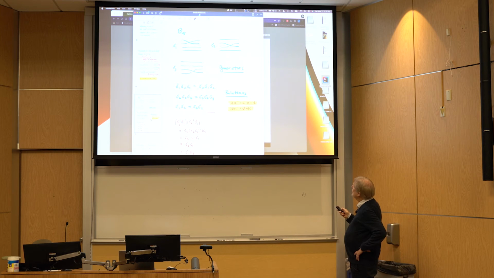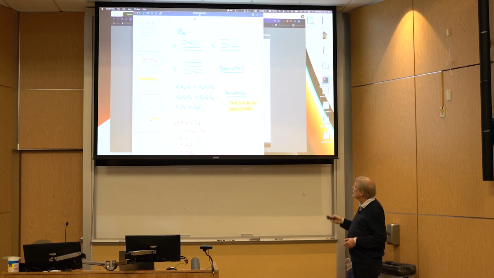And this is a good exercise to see that these equations in the braid group are true. These are the so-called braid relations. If I stack sigma 1, sigma 2, and sigma 1 end to end, I get the same thing as stacking sigma 2, sigma 1, sigma 2. And then there's a similar relation for 2 and 3.